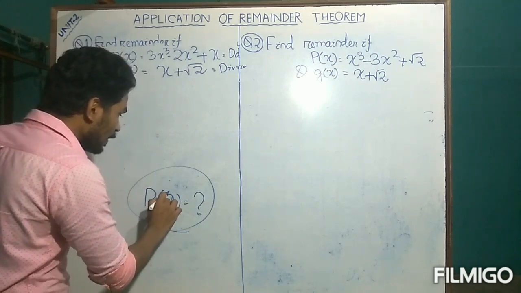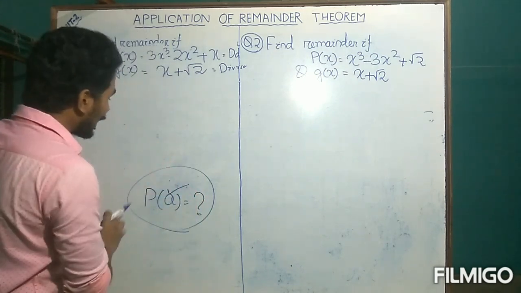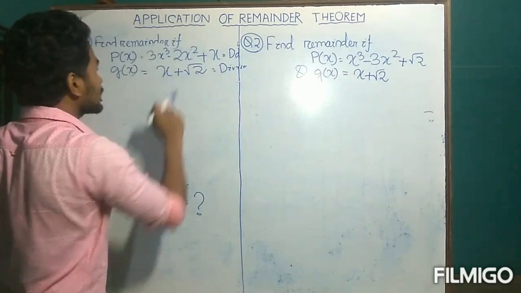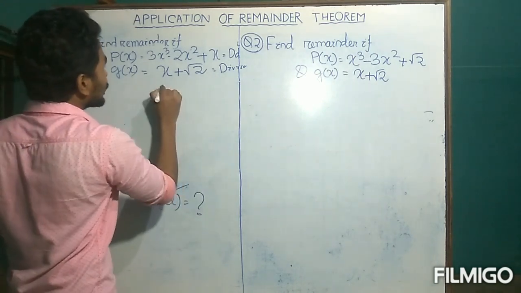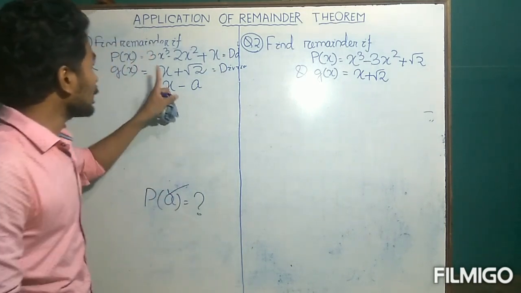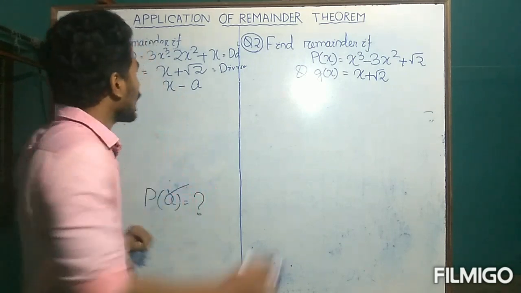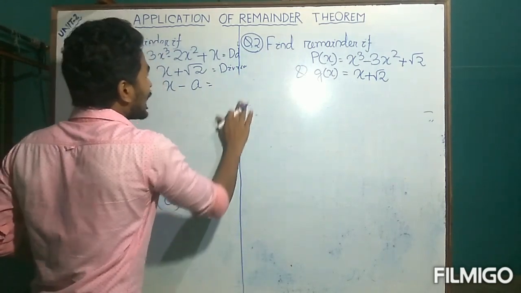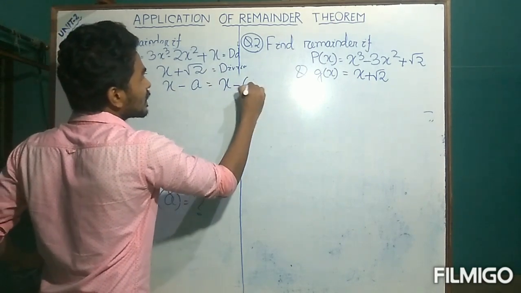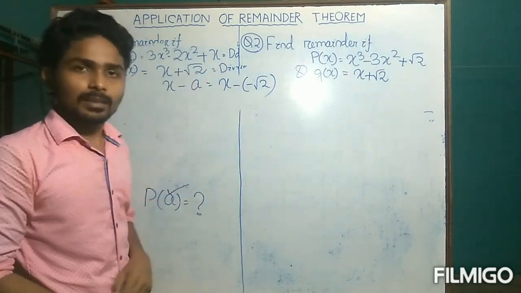But for getting P of a, we first have to find the value of a. In order to find the value of a, we compare the divisor x plus root 2 with x minus a. How? We can write x plus root 2 as x minus of minus root 2, because minus times minus is plus.